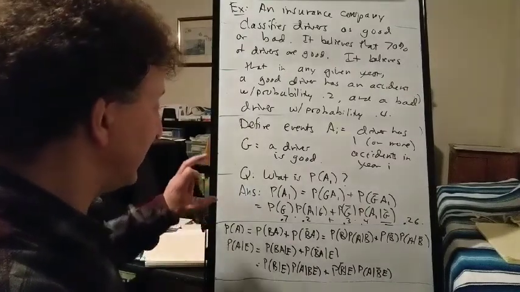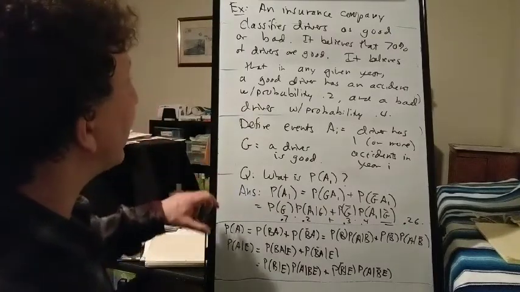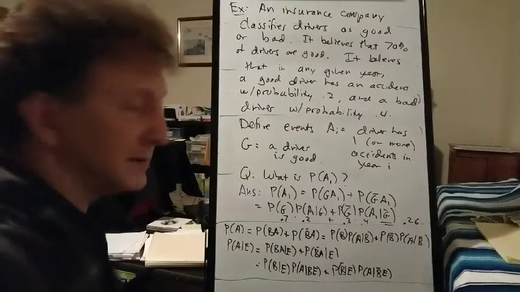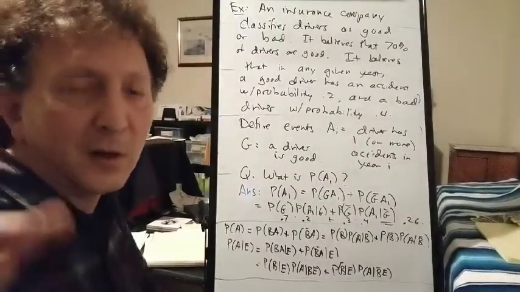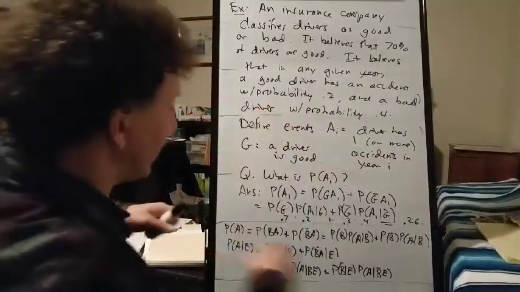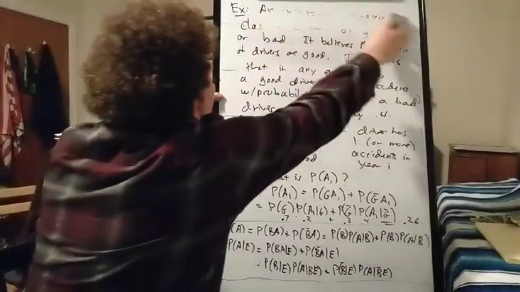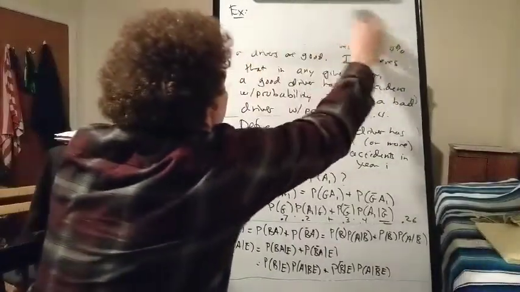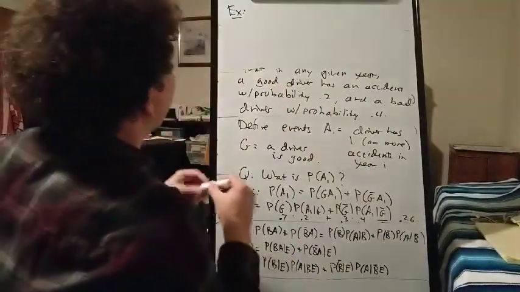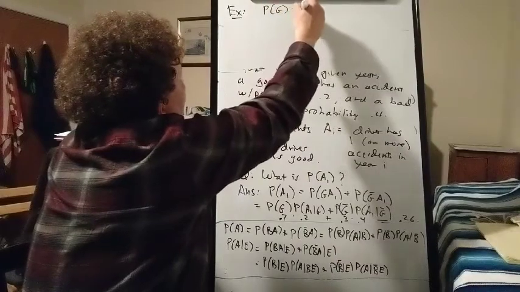Alright, now let me write this somewhere and then do another problem involving the same insurance company. To make room, let me summarize all this with just a couple of equations. So we have probability of a good driver equals 0.7.